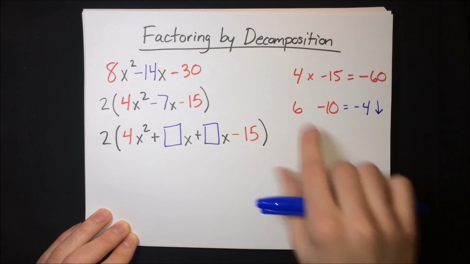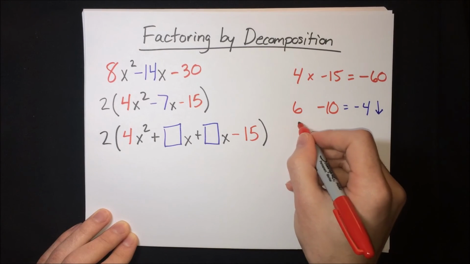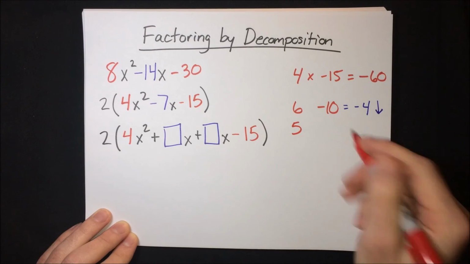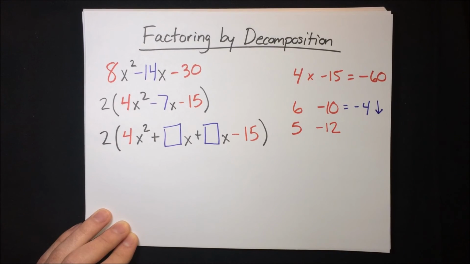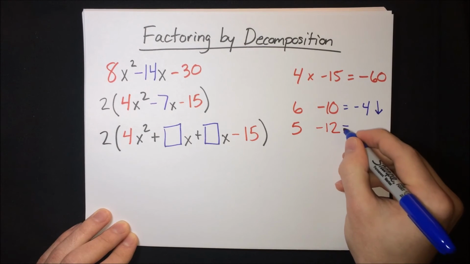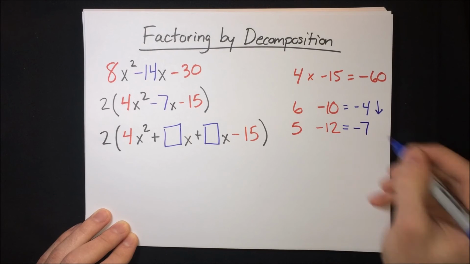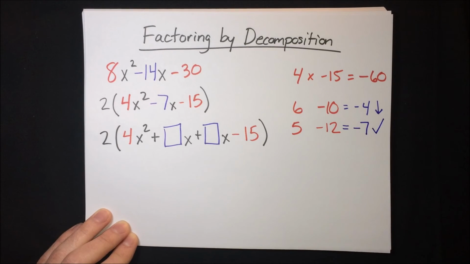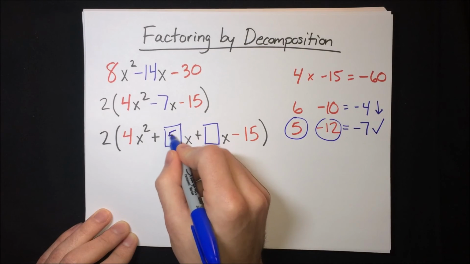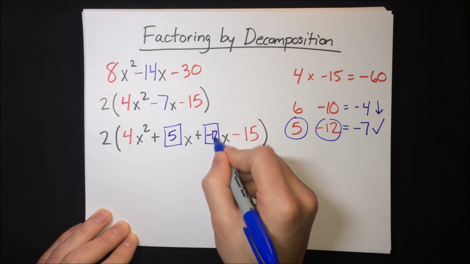So let's try decreasing the 6 down to 5, and then 5 times negative 12 makes negative 60. Now 5 plus negative 12, or 5 minus 12, that's negative 7. There we go. We've got it. So these two numbers are what we're putting in the boxes. 5 and negative 12.